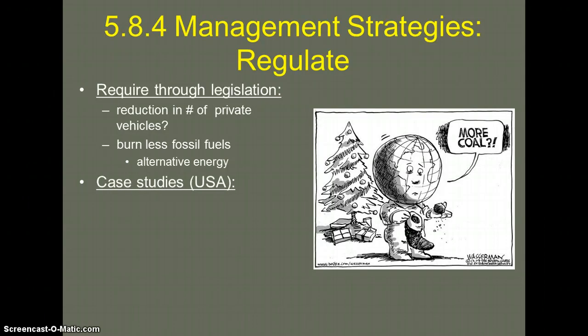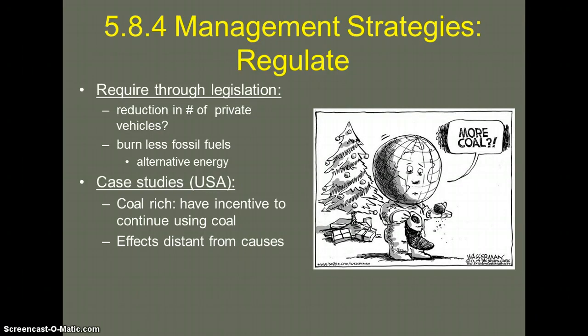Here's our case study in the U.S. It's not very specific. So in the U.S., we're coal rich, right? But those people who really need coal and their economy and livelihoods based in coal, especially in West Virginia, they're going to continue using coal because that's what their lives are about. And when they see and hear about the effects, they're not necessarily right by them, right?